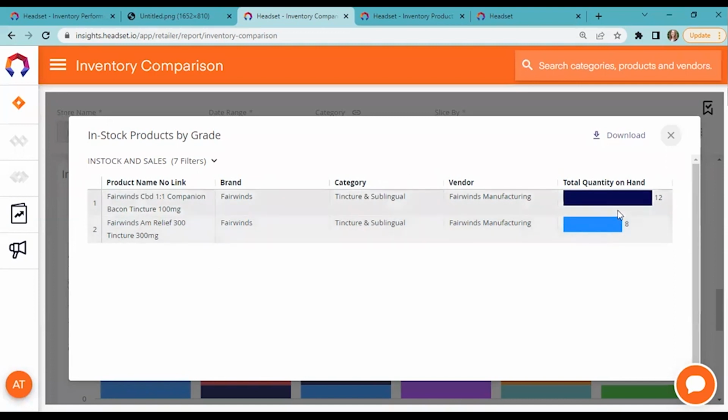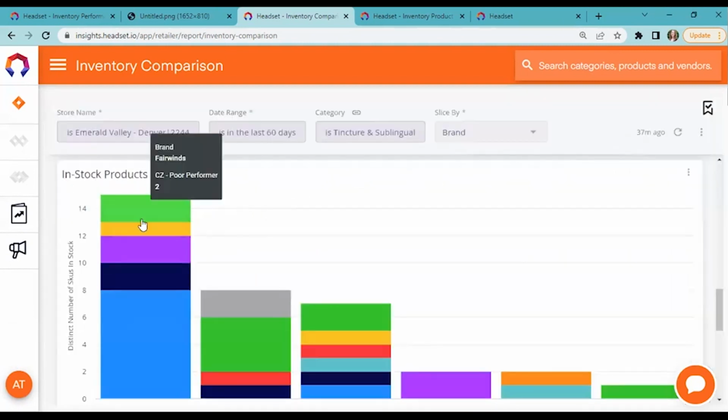So for example, if we're talking about the last 60 days and we just got in this Fairwinds CBD and they haven't had a chance to sell yet, then it probably will be thrown into the poor performer group. But as time goes by, they might move up to good performer if they sell pretty well. So that's just something to keep in mind there.